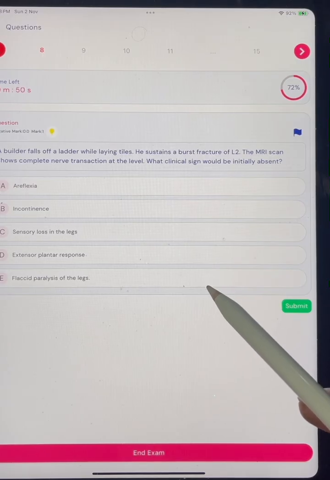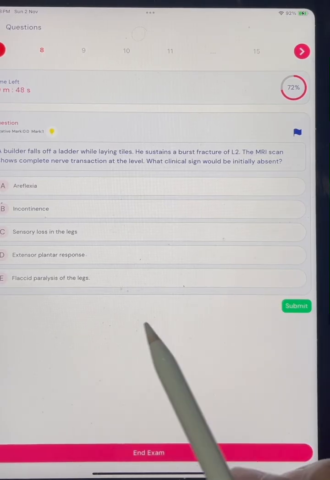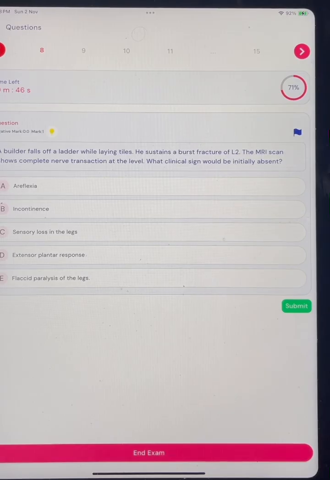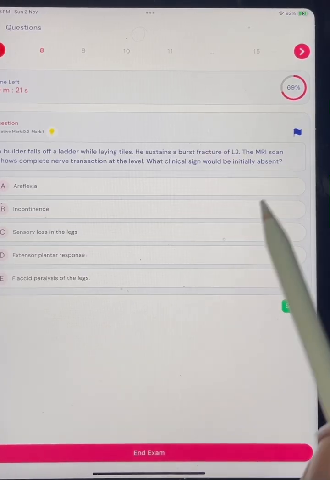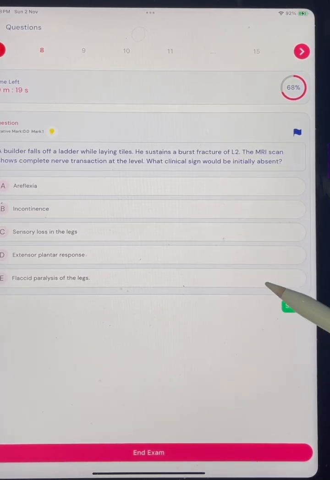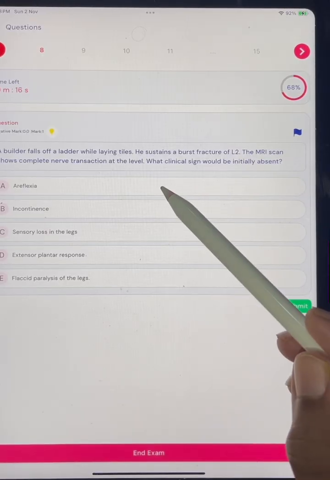Extensor plantar response, flaccid paralysis of legs. So the initial loss will be... initially absent: areflexia.